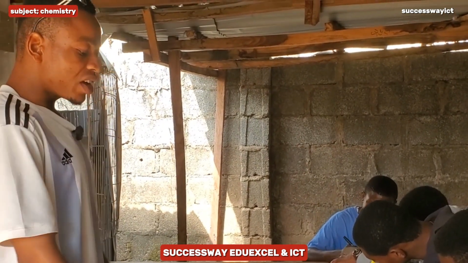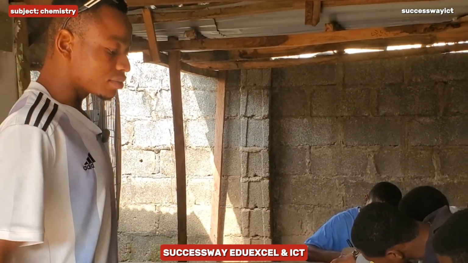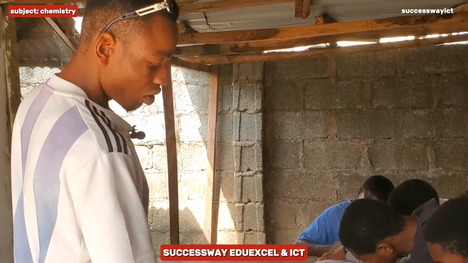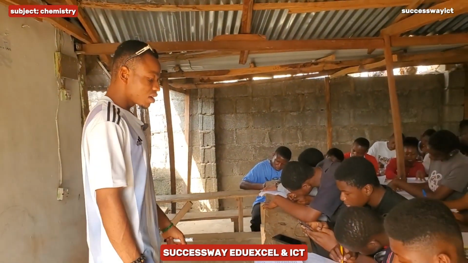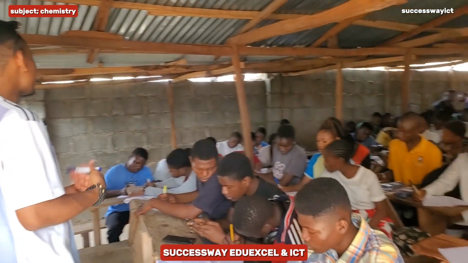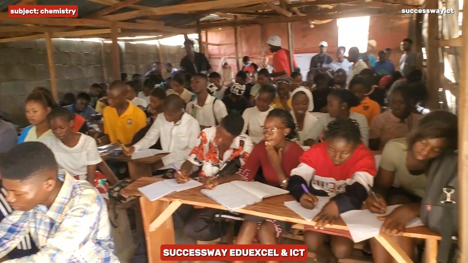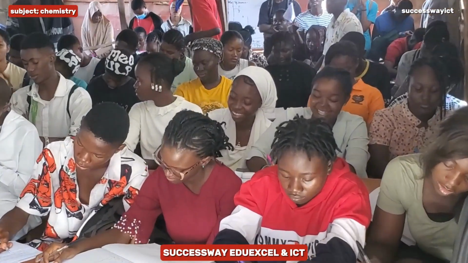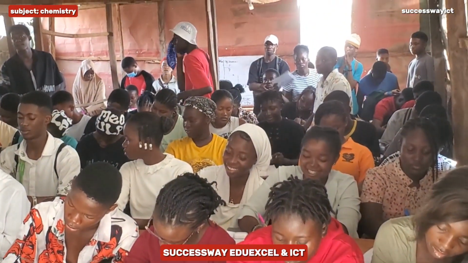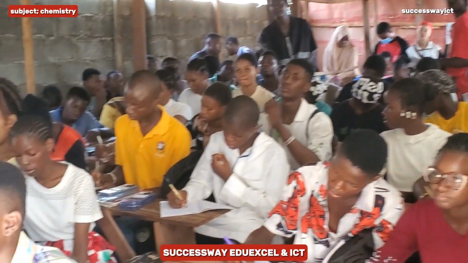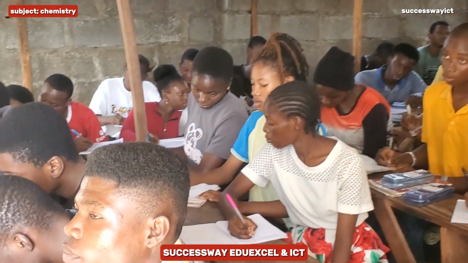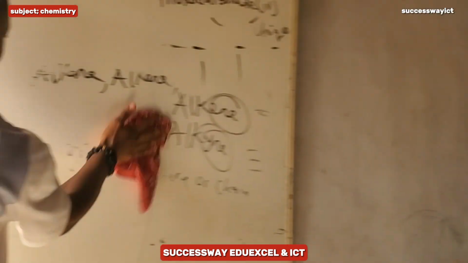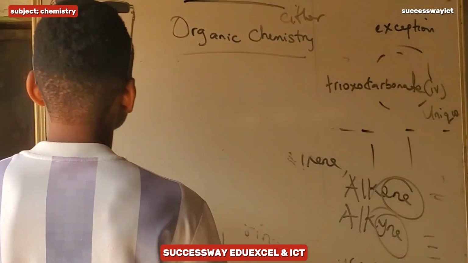Consists of benzene and its derivatives or family. What are the families of benzene? We have what they call anthracene and naphthalene.